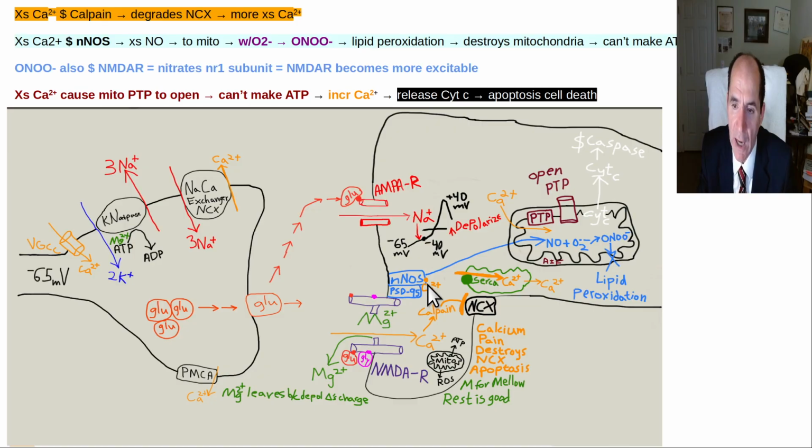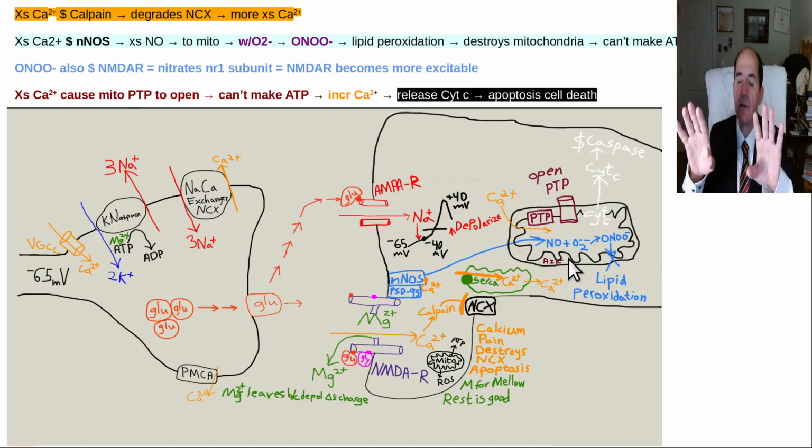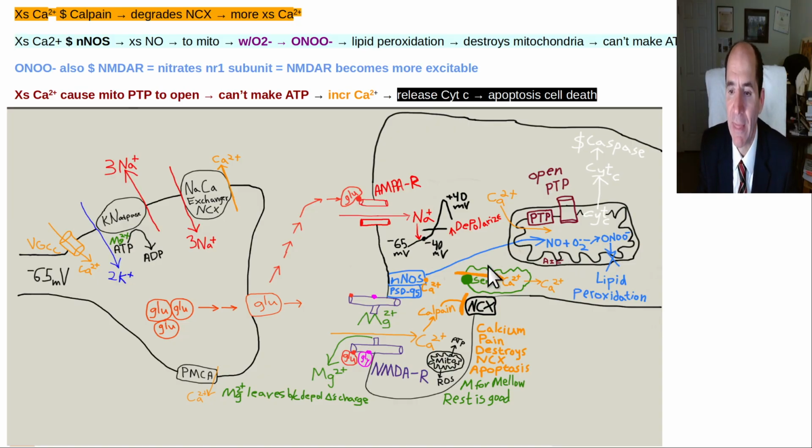The excessive nitric oxide will then go to the mitochondria, and it can combine with superoxides. Superoxides are normally produced in small amounts. Sometimes they can be produced in excessive amounts, but let's just say normally in small amounts, and they can combine with the nitric oxide and form peroxynitrite.